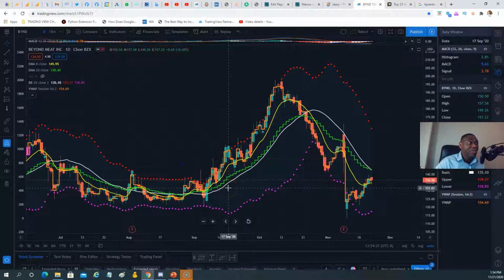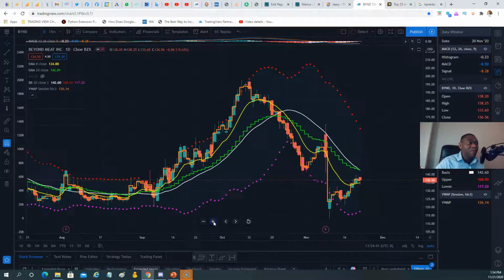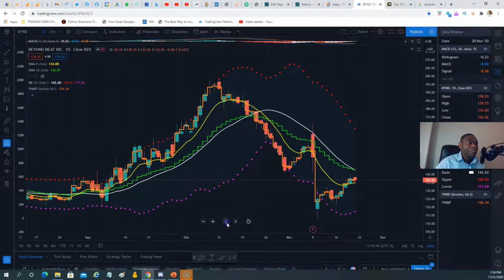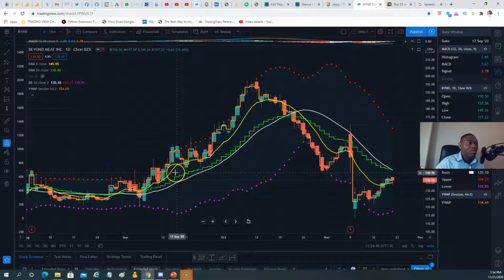The stock closed on the 17th at $157. Then the next day, JP Morgan downgraded it, so you find yourself down 7 points. You open at 150 and it went as low as 146.